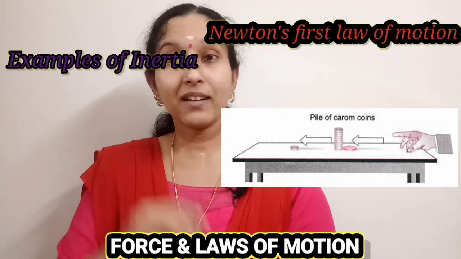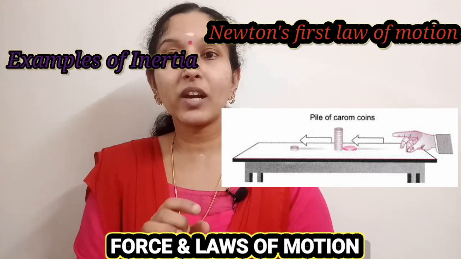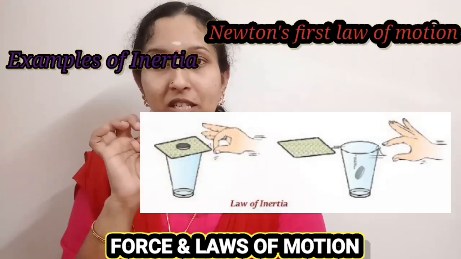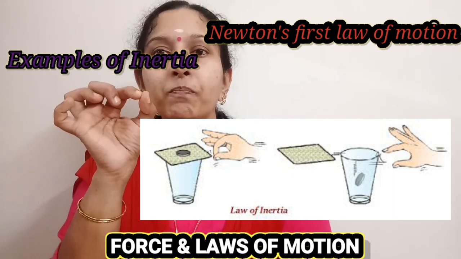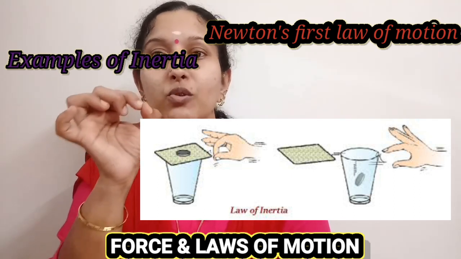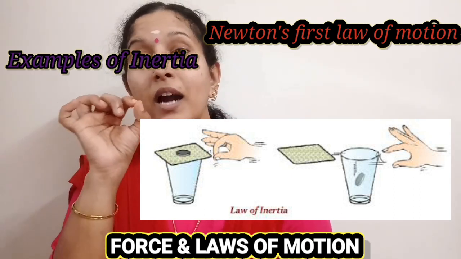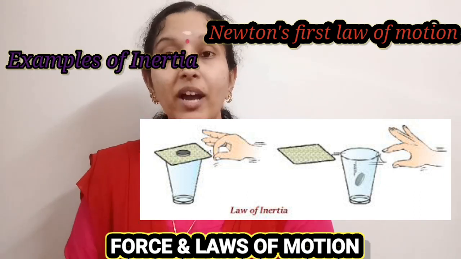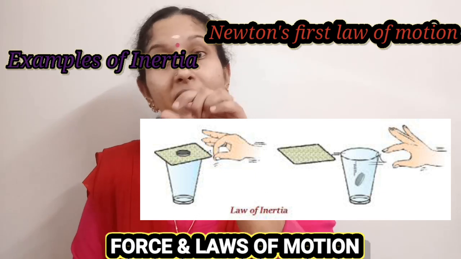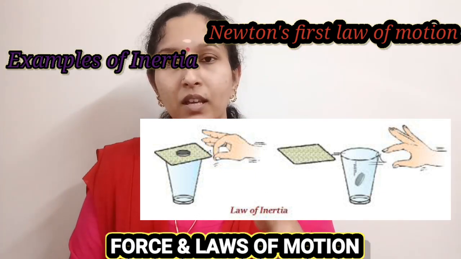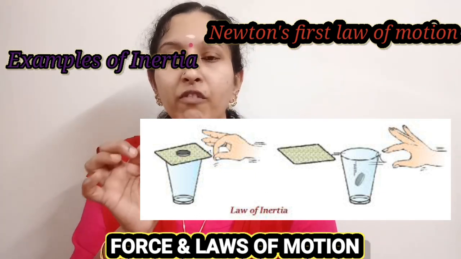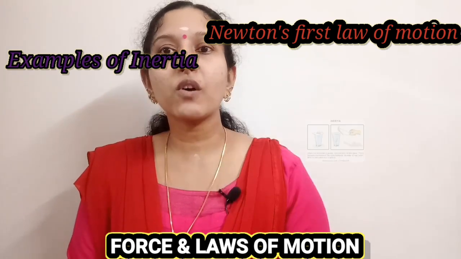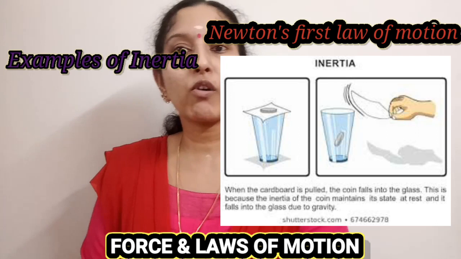So the force you gave to the lowermost coin makes that coin change position, and the rest of the coins fall downwards. You can see another situation in your textbook: you take a card and place a coin over it. On giving force to the card, the card flies off while the coin falls into the glass.